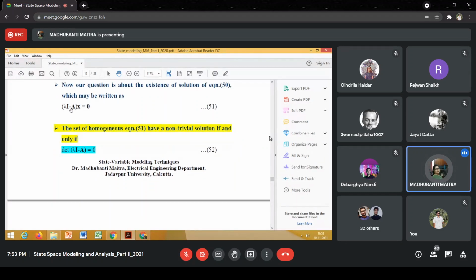Here you see, if the matrix A has elements like a1, a2, a3, an, and if we expand this left hand side, I'll come to that later on. First of all, this will result in a set of homogeneous equations. Do you agree?